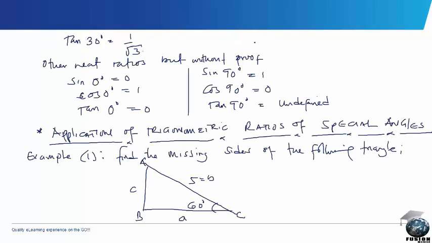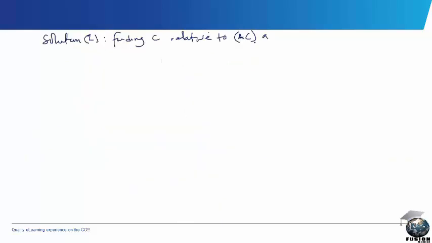Alright, let's look at the solution. Solution 1. Finding C. Finding the side C relative to side B. Sorry, relative to side B, it's not A. AC is equal to B. Alright, and so how do we go about this?